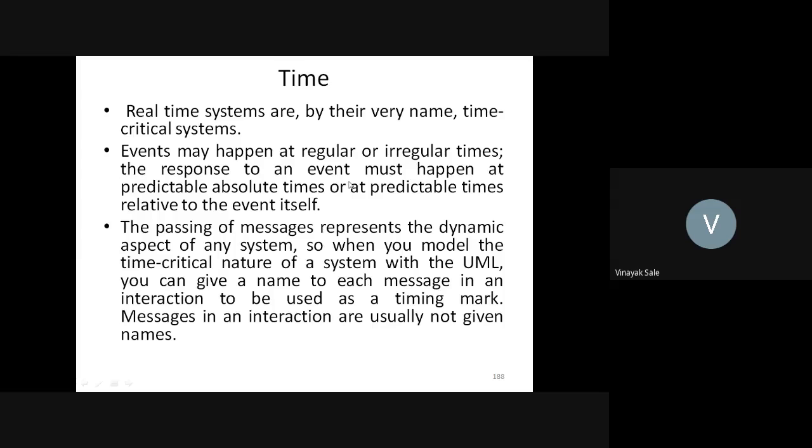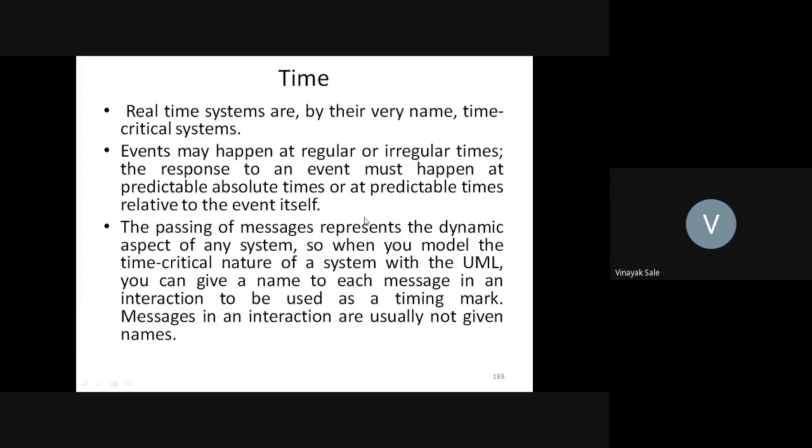So, what is time? Real-time systems are, by their very name, time-critical systems. Events may happen at regular or irregular times. The response to an event must happen at predictable absolute times or at predictable times relative to the event itself.